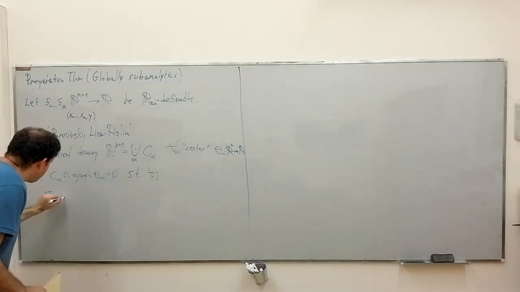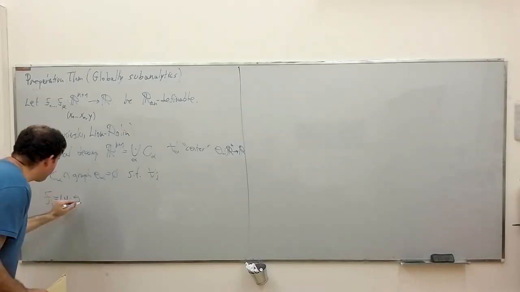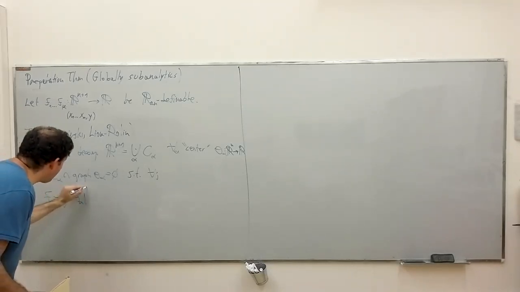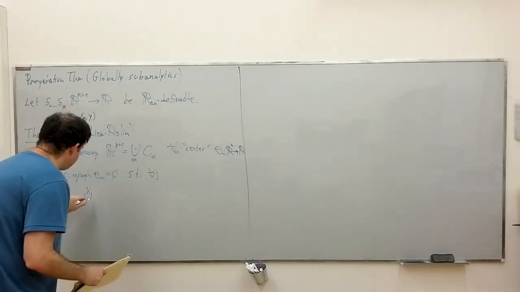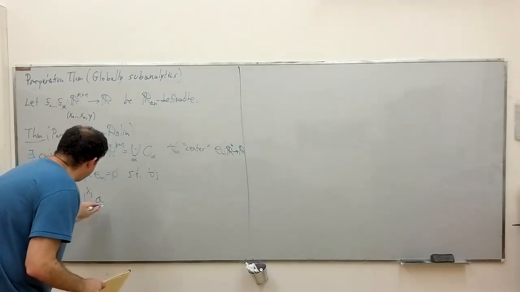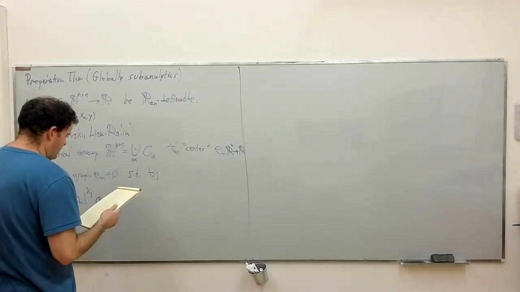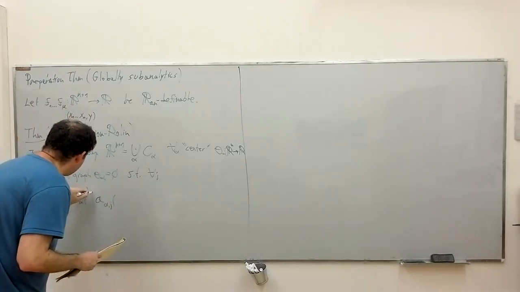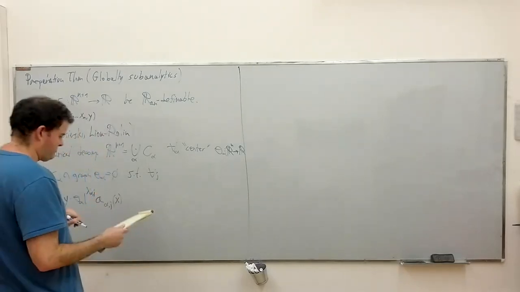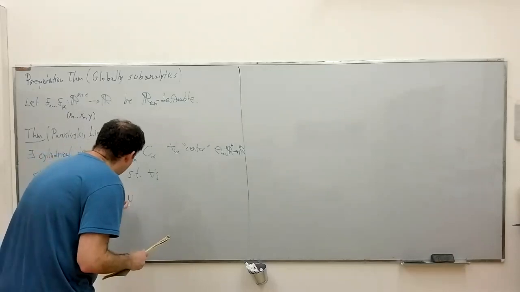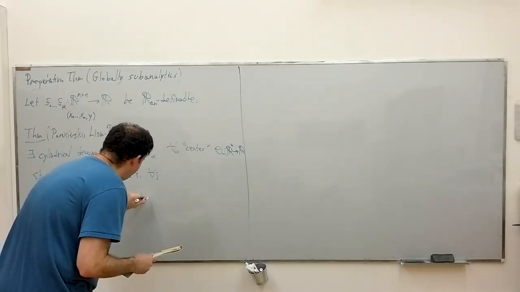It's going to be y, the last variable, minus theta alpha, to some power lambda j, times some function a alpha j, a function only of the x variables, and a unit u alpha j of everything, x and y.